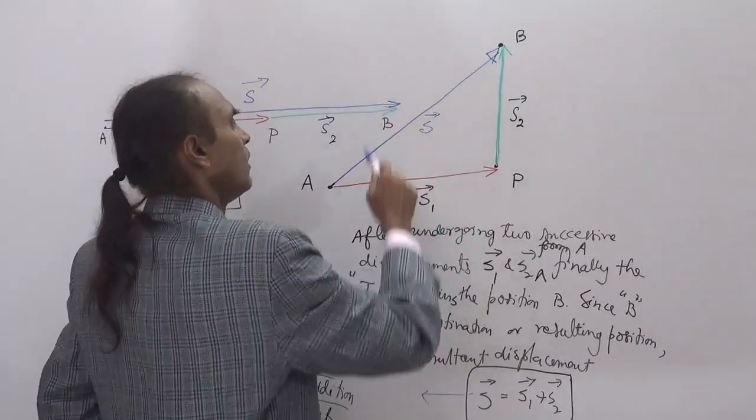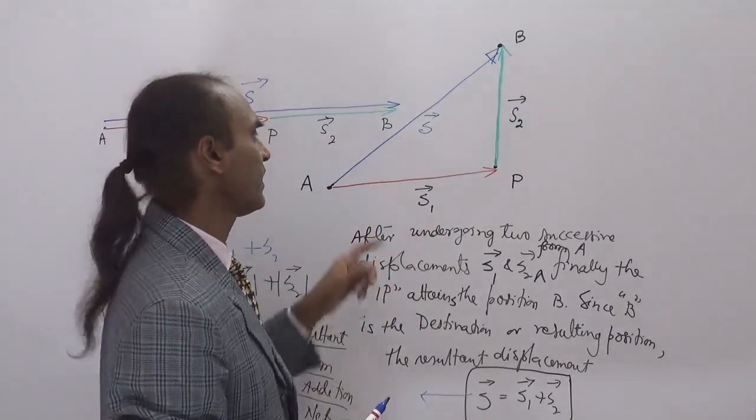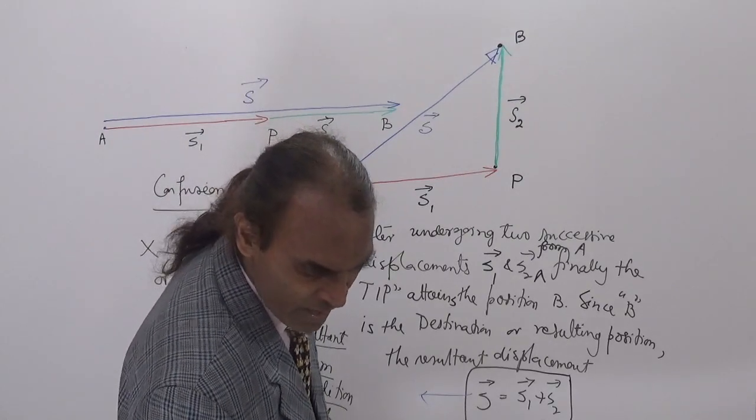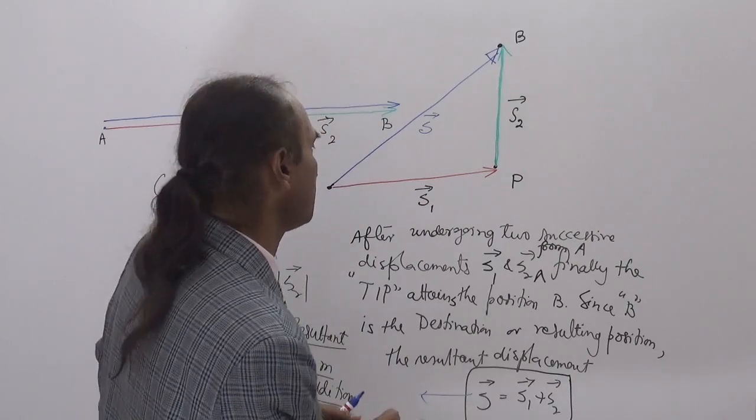these three vectors S1, S2 and S, they form a triangle, and this triangle is called a vector triangle because the triangle is formed by three vectors.